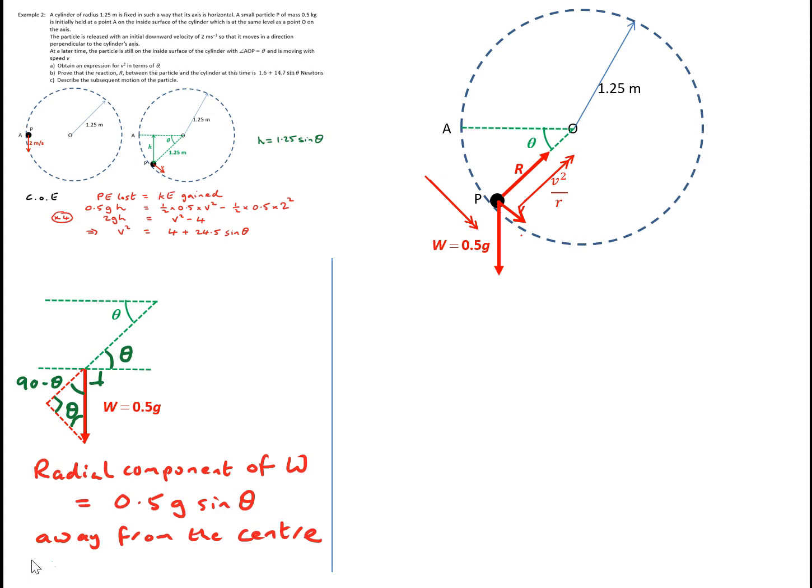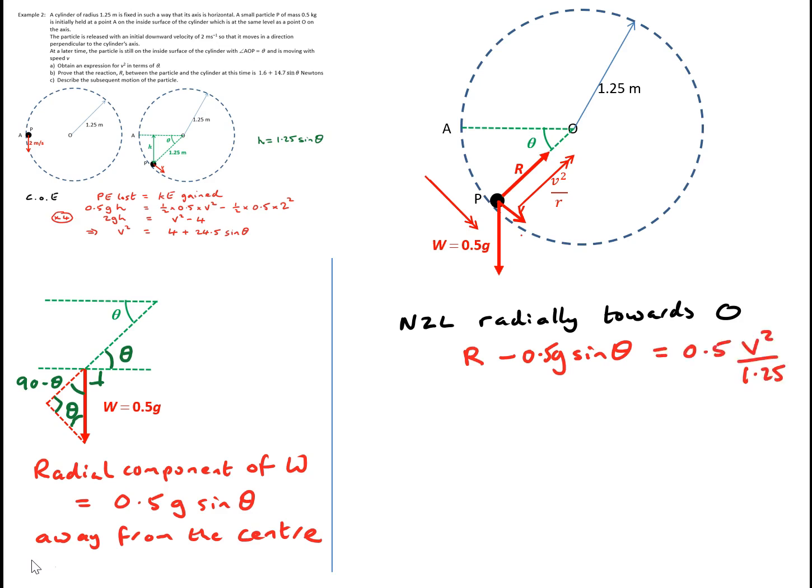So now, applying Newton's second law radially towards the centre of the circle, we have R minus 0.5g sine theta is the resultant force, which must equal the mass 0.5 times v squared divided by the radius of the motion, so that's 0.5 times v squared divided by 1.25. So we've got the reaction is 4.9 sine theta plus 0.4v squared.